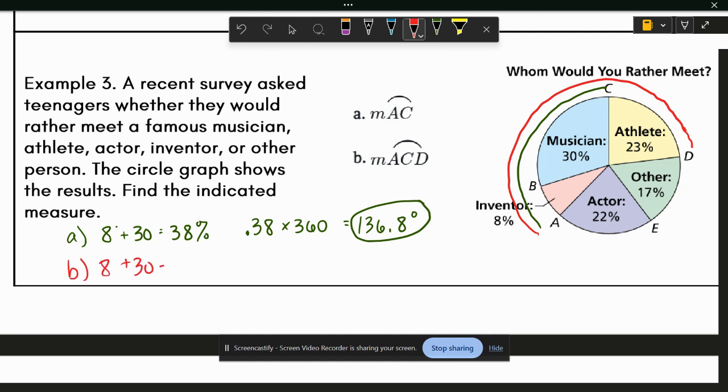It was 8 plus 30 plus 23. So we have 61%. So we'll take 0.61 times 360 and get our answer of 219.6 degrees for those that want to meet a famous inventor, a famous musician, or a famous athlete.